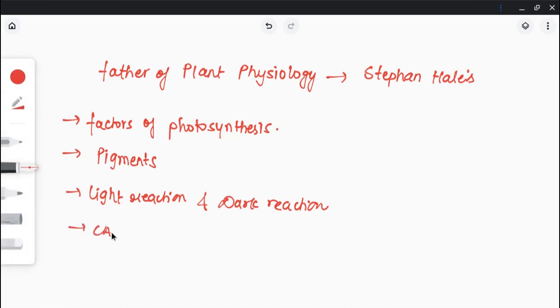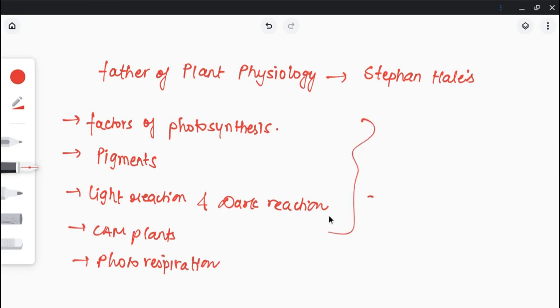We also have to learn a little about CAM plants and photorespiration. Learning all these things, our chapter will be complete.